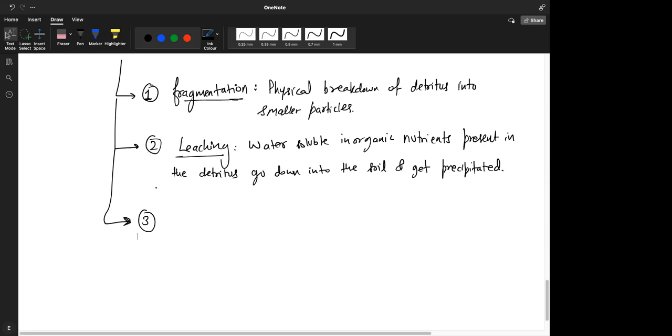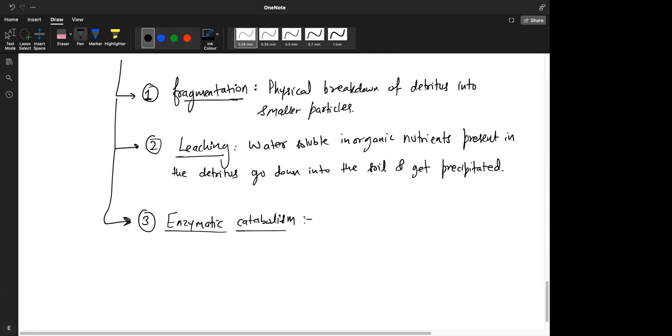Cool. So that's leaching. The third way by which you can degrade a detritus is called enzymatic catabolism. It means biochemical breakdown through enzymes.